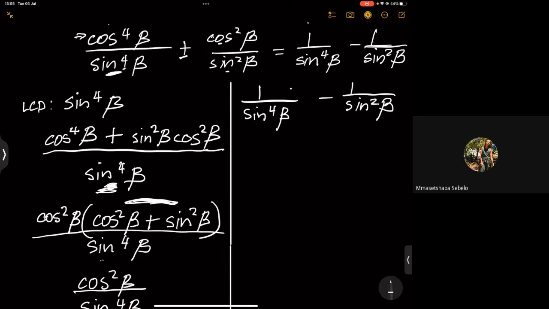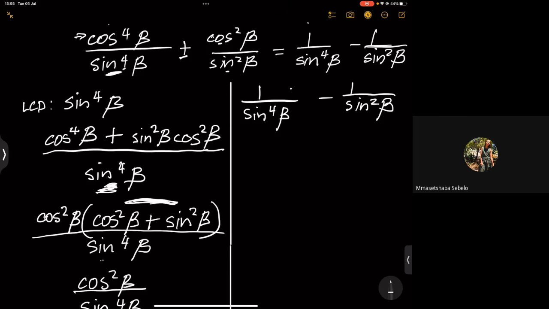Every time you've got fractions, please try and resolve them. So the lowest common denominator. We're learning, it's the process of learning.